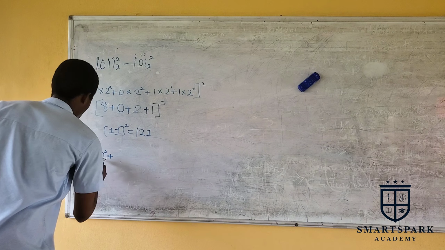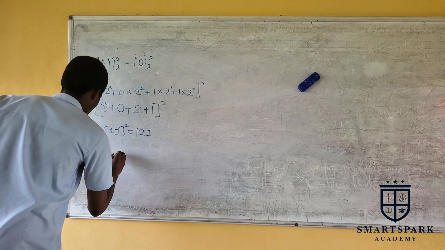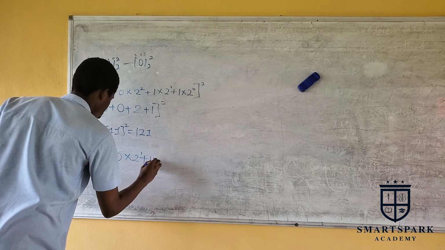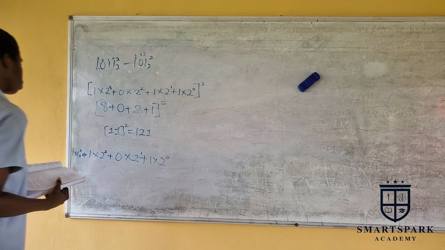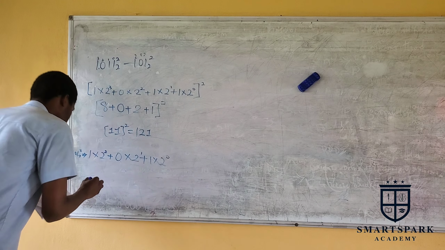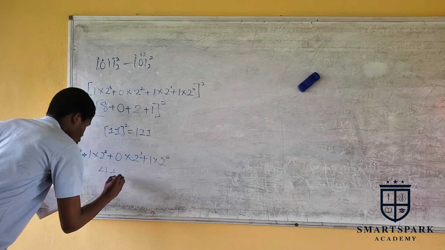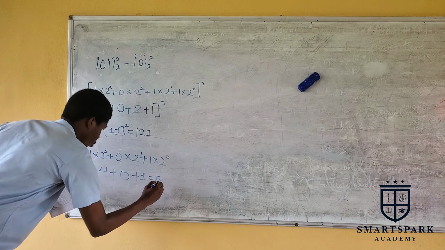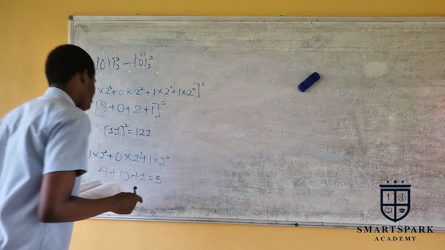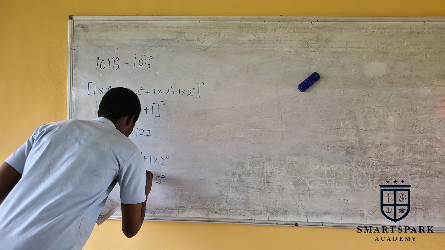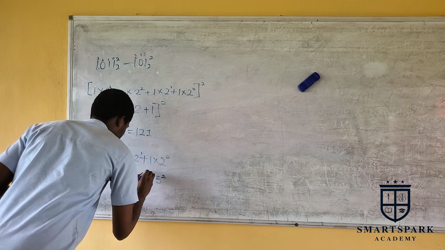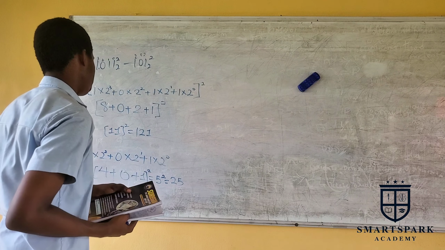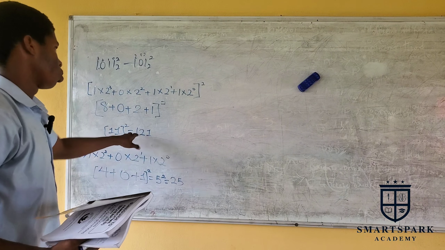This is 1 times 2 raised to power 2 plus 0 times 2 raised to power 1 plus 1 times 2 raised to power 0. 2 raised to power 2 is 4, plus 0, plus 1 is equal to 5. Now we should not forget our square, most importantly. That translates to 25. Now that we have this, we are going to subtract this from this.